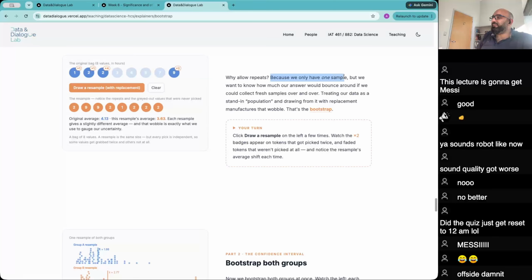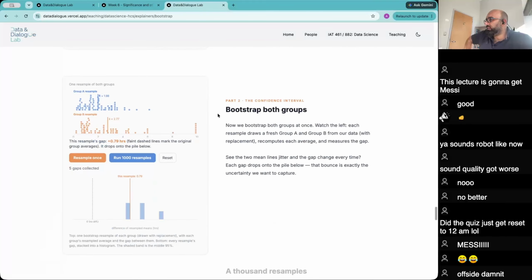Because we only have one sample, we want to know how much our answer would bounce around if we could collect fresh samples over and over, treating our data as a stand-in population and drawing from it with replacement. This is called bootstrap. It's a bootstrapping method. Again, just remember the name. It's a good method. How do we do that? Why do we use it?